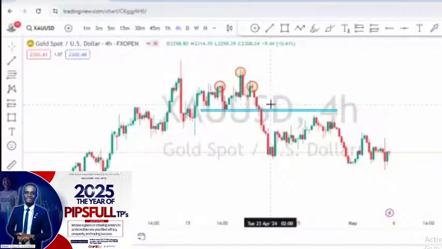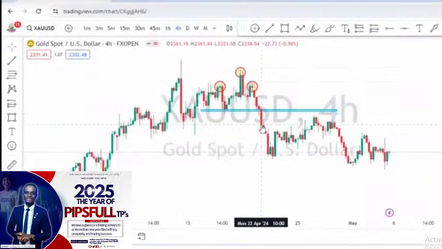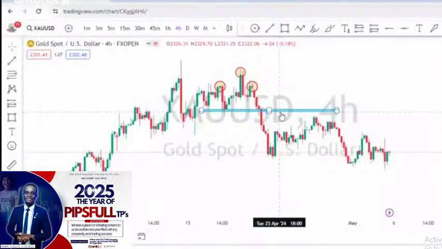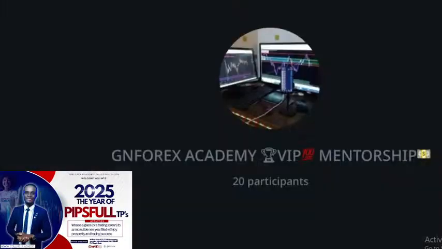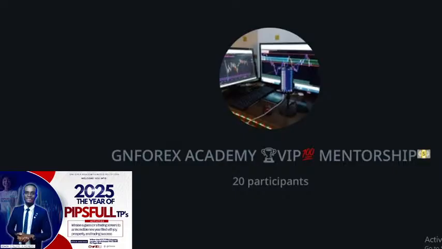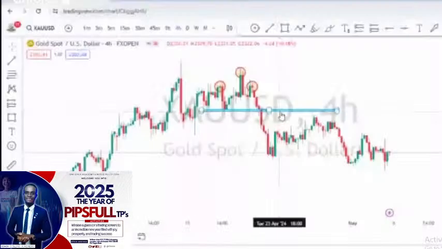Why? Because I taught him something, understanding this information. The moment you see the information, you know what to do. So if price is pulling back, you expect a pullback on the daily time frame. Remember that one daily is just one candle in a day. After that candle finishes, tomorrow another candle. So even if the market gives you one candle for one day, if you go to 5 minutes, 15 minutes, 30 minutes, you will see a better trend.